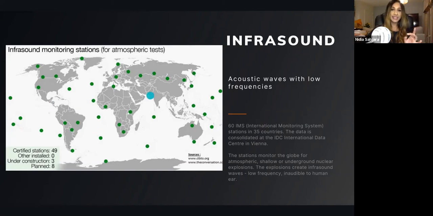Notice where we kind of lack monitoring stations, not pointing fingers at China or anybody here. So the stations monitor globally, and humans can't hear this because it's inaudible to us at that frequency. So this is where all that priceless data is coming in from.